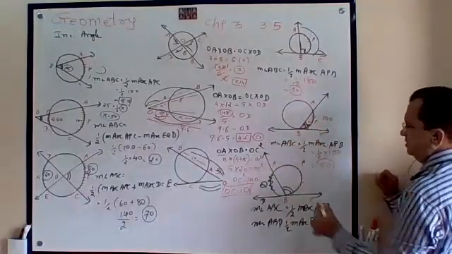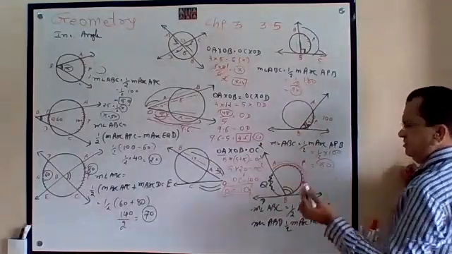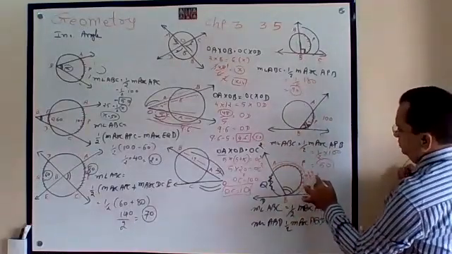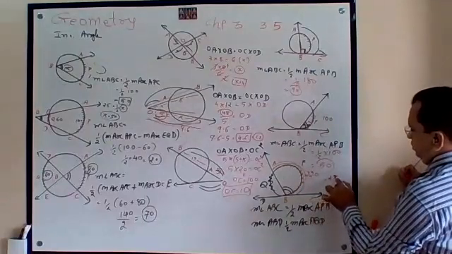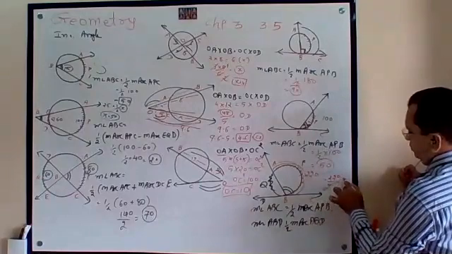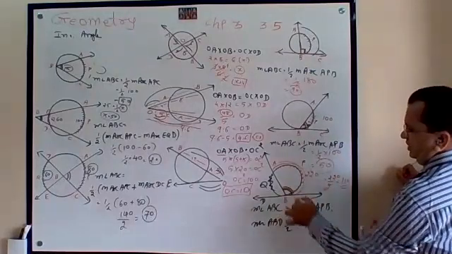This is 50 degrees, your angle ABC. And now this is more than 180. Suppose 220. So 220 divided by 2 is 110. This angle is more than 90.